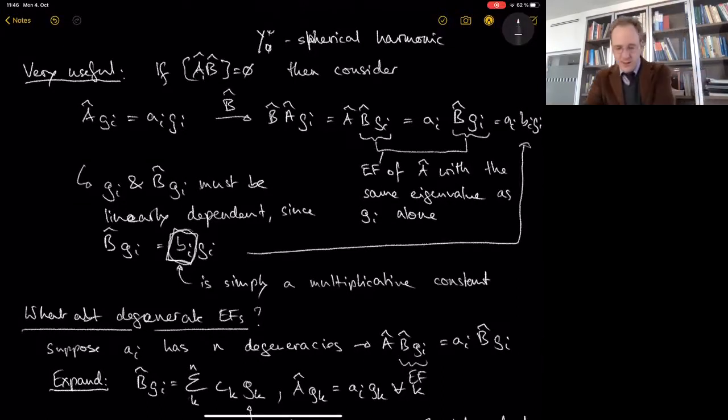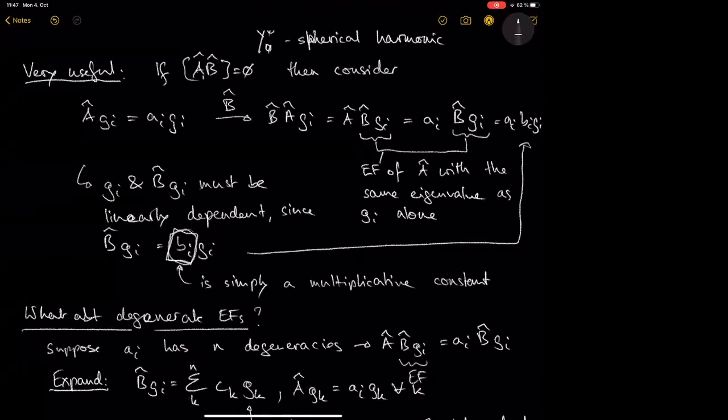And you see that your A can operate on G, and you get your AI times G. And now you insert your B in between, and then you get your AI times BI. So your eigenvalue AI just got increased by a factor BI. I see, okay.